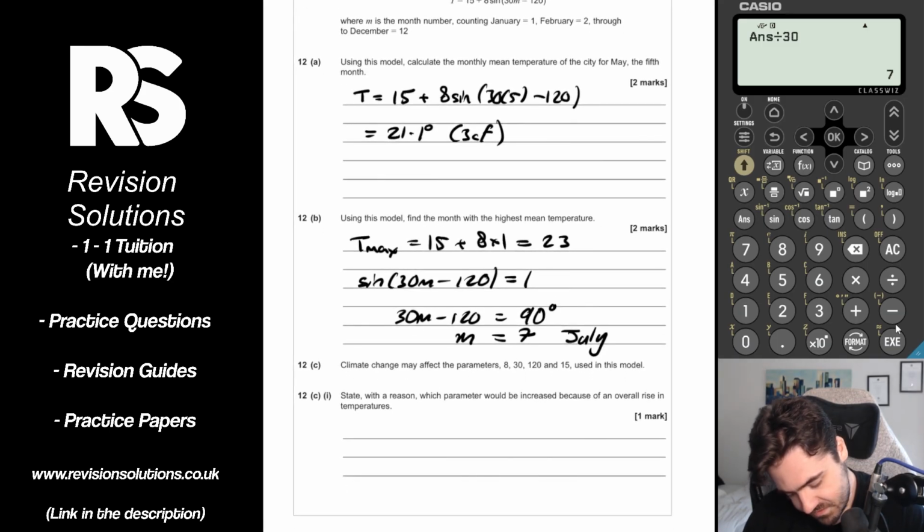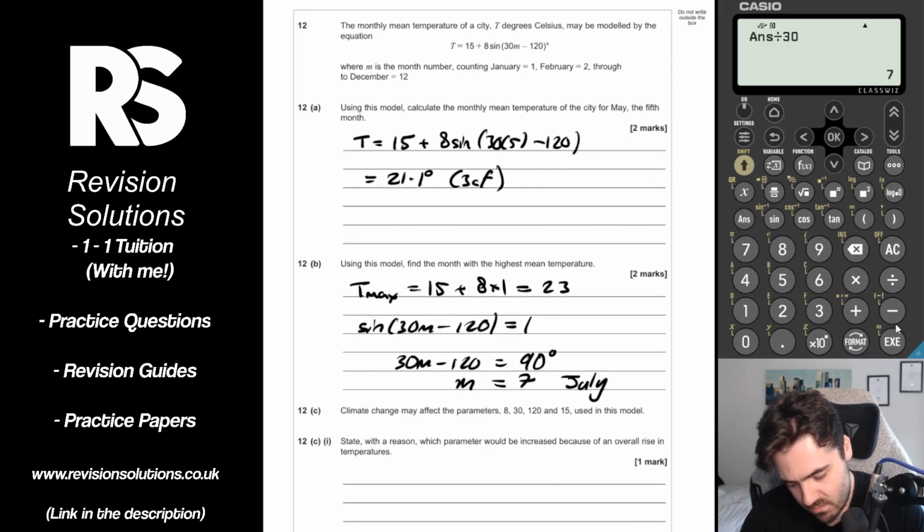12c then says climate change may affect the parameters 8, 30, 120, and 15 used in this model. State with a reason which parameter would be increased because of an overall rise in temperatures. So what we have to think about is what those parameters do to this function, or the graph, really, is the easiest way to think about it.